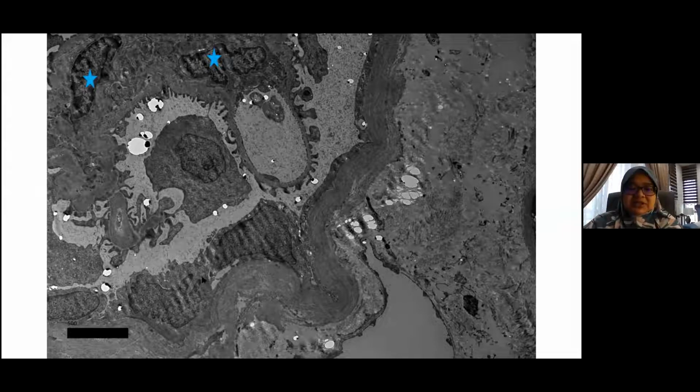These are the parietal epithelial cells lining the Bowman's capsule. This is the urinary space, and this is the podocyte. This is one of the capillary loops. The podocyte in this area looks quite intact, and the capillary looks not too bad.